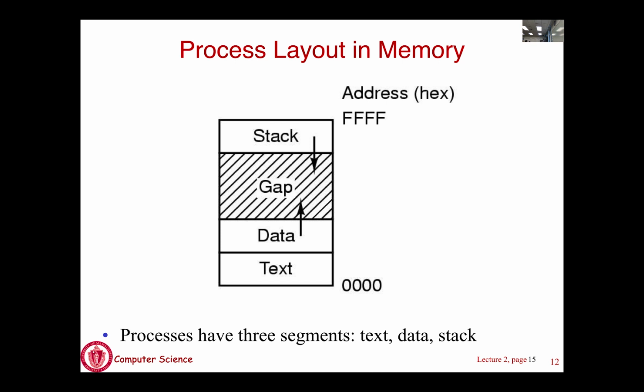The stack is at the top and it grows downwards, and the heap grows upwards. You do not want them to overlap, in which case they will trample one another, but these segments are large enough that you will not have that problem. That is the canonical picture of what a process looks like when it is laid out in RAM. In reality, the process does not look like that, because it is not stored contiguously at all in RAM.